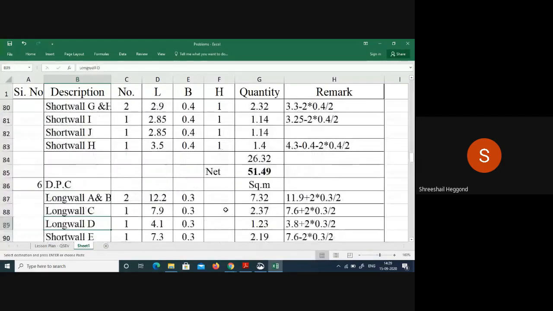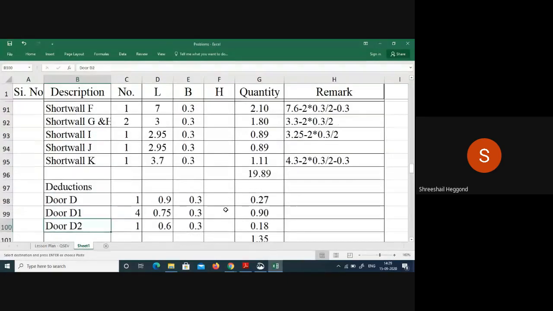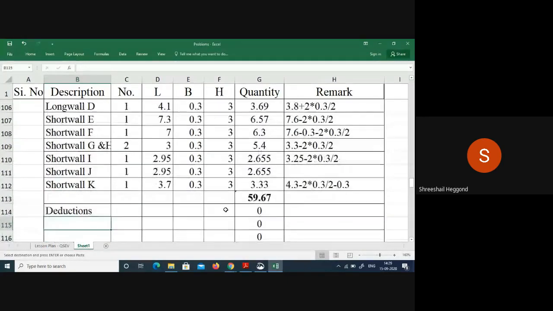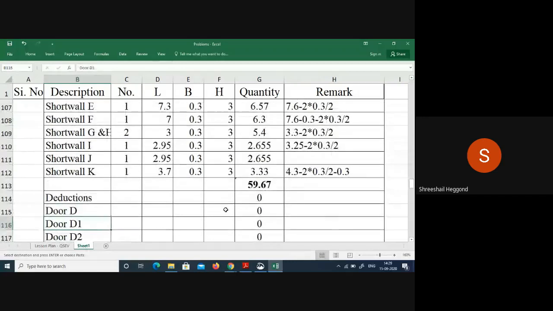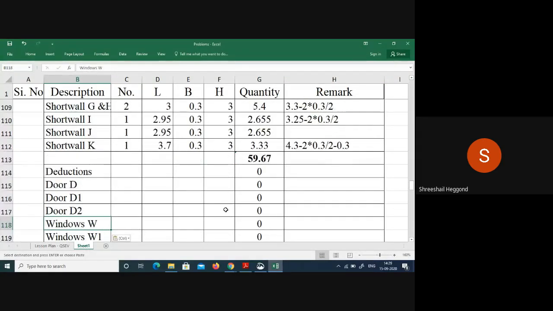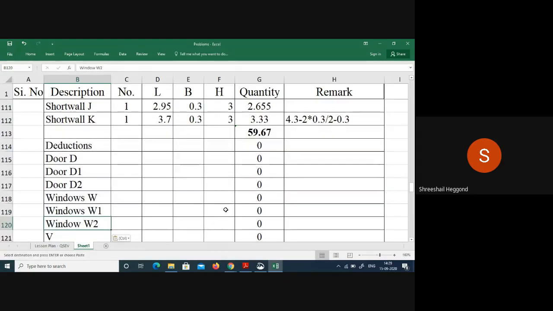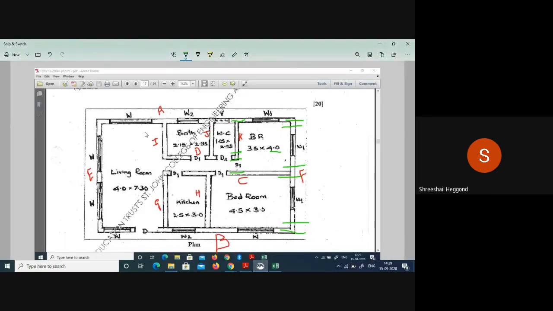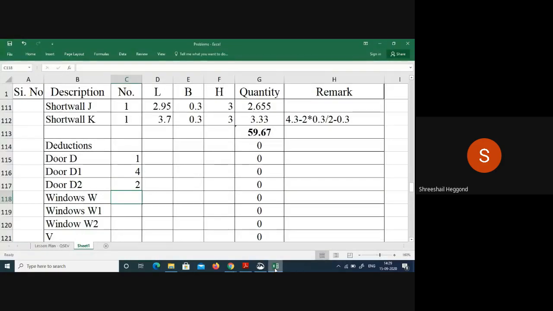All openings we have to consider for deduction: doors D, D1 and D2 variety, windows W, W1 and W2 variety, and ventilators. How many doors are there? D is 1, D1 is 4 number and D2 is 1 number. W is how many? In living room there are 4 and in bedroom 1, total of 5.